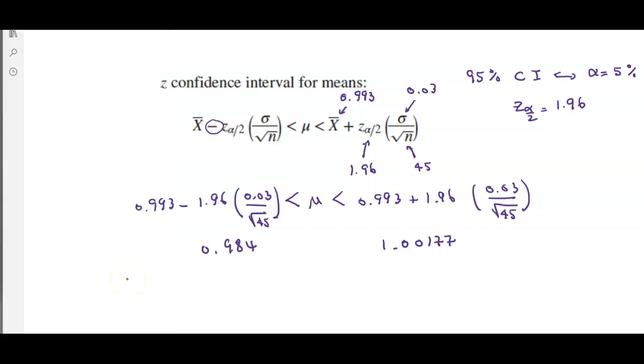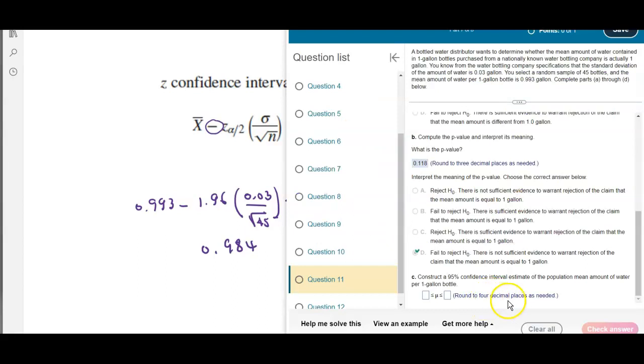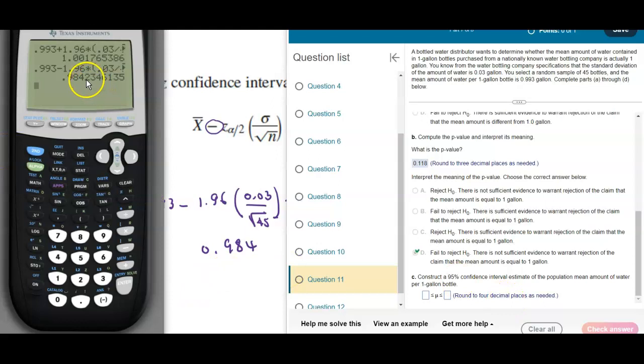All right, so I think we can round this. Let's plug it in. They want 4 decimal places, so here I'm missing one more.